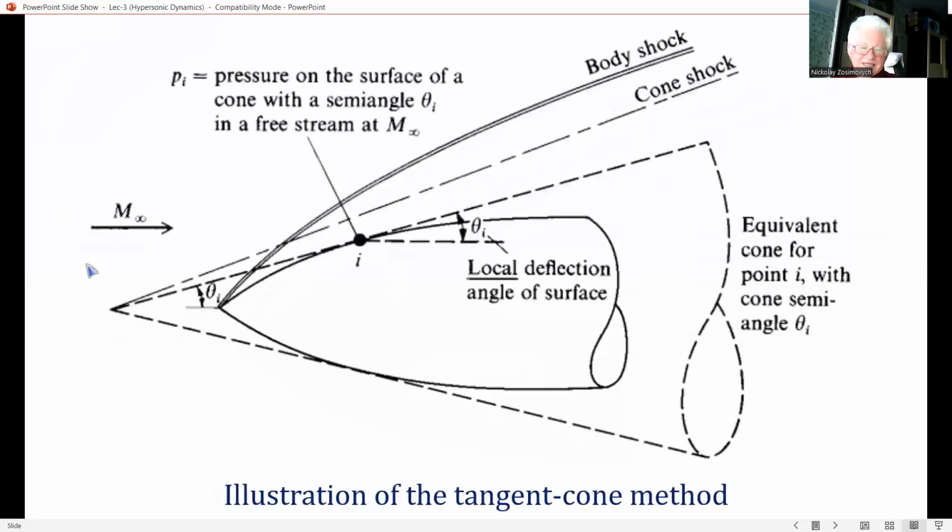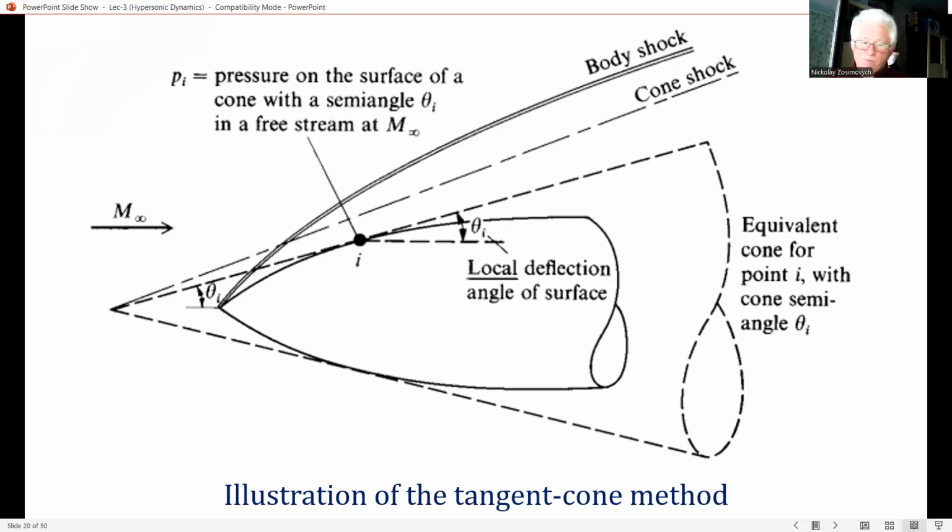The tangent cone method for application to axisymmetric bodies is analogous to the tangent wedge method and is illustrated in this way. As you can see, generally, it's not a big difference.